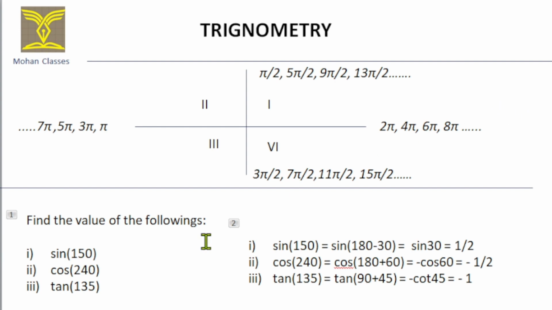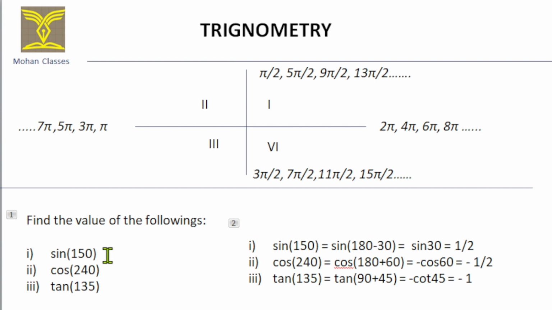Now let us do one small exercise. We know the values for sine 0, sine 30, sine 45, sine 60, sine 90, and similarly for cos and tan.